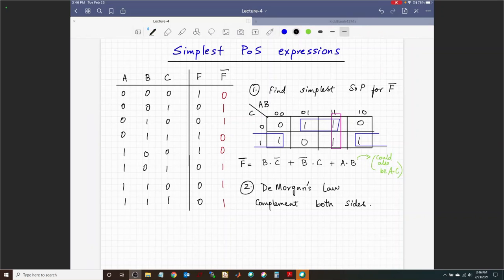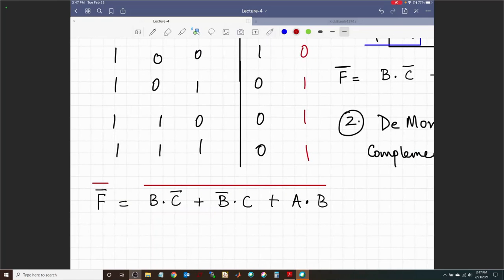So I have F complement as B and C complement, or B complement and C, or A and B. Now, if I complement both sides, I get a big complement sign over there, but I also get one over here. So I've complemented both sides, shown in red. Double complement cancels out, right? Double negation. I come back to F.